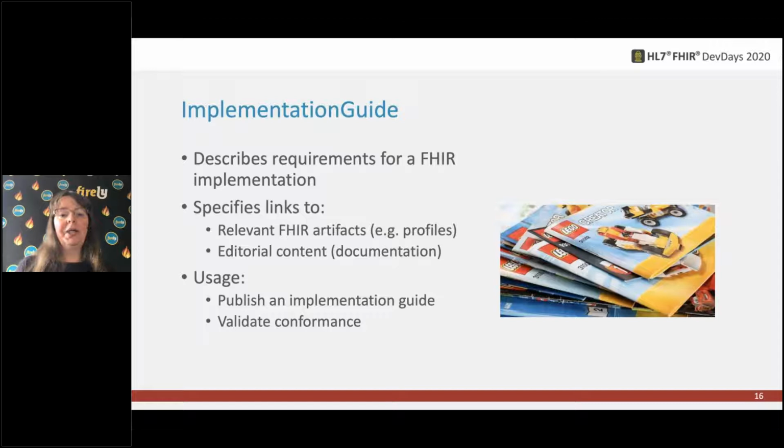An implementation guide itself could just be a website or a document that you have generated to hold all of that implementation guidance, that extra documentation. But it could also be done within an implementation guide resource, where you link from that implementation guide resource to the other conformance resources and to the specific HTML or Markdown pages that describe the rest of the documentation.